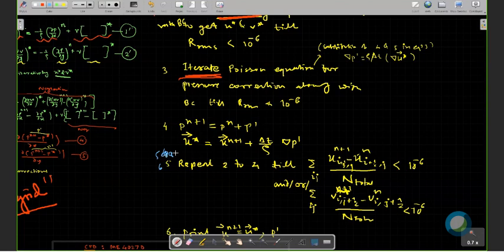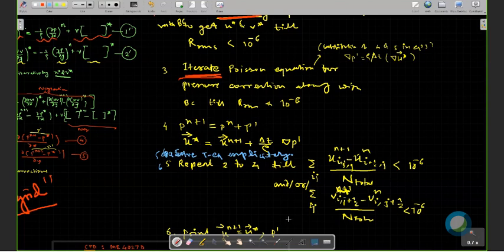So this step, you solve the T equation explicitly. After you get the new values of the pressure and velocity, you solve the T equation, get the values, and repeat the procedure.